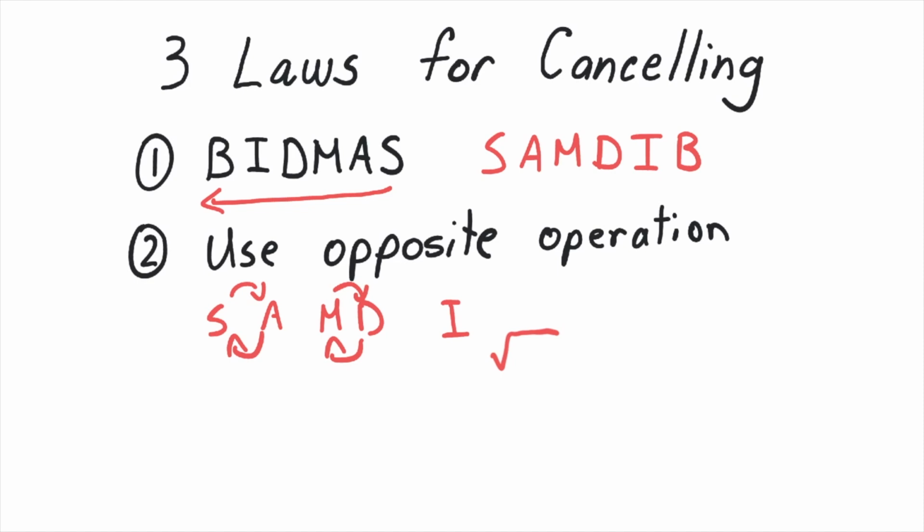If we have any other power or indice though, then we need to find the root of that value. So if our exponent is 4, we need to find the 4th root of that number, and that's what's going to cancel out our exponent. If you look on your calculator though, what you will find is that it will look something like that. You'll have a little x before the square root function, and that's going to be how you cancel out exponents.